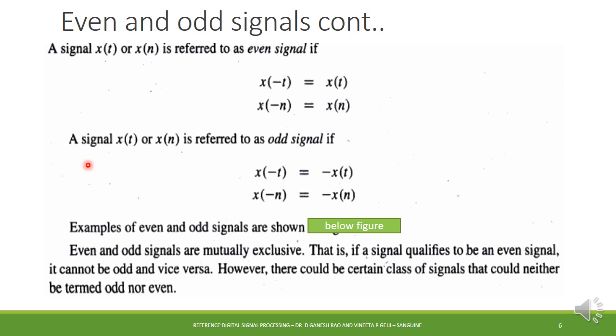Said is nothing but we are just verifying that. After verifying, we are saying that it is an even. That means even signal is always the even signal, odd signal is the odd signal. You cannot say that even signal is an odd signal and odd signal is an even signal. That is called mutually exclusive. And there could be certain classes of signals that could be neither even nor odd signals.